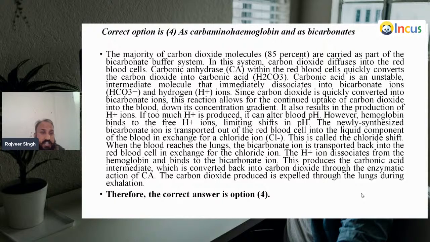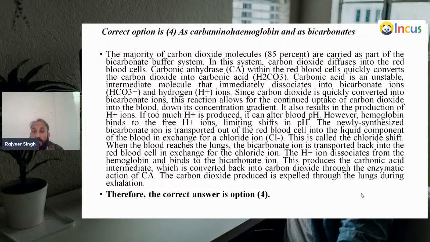The newly synthesized bicarbonate ion is transported out of the red blood cells into the liquid component of the blood in exchange for the chloride ion. This is called the chloride shift. When the blood reaches the lungs, the bicarbonate ion is transported back into the red blood cells in exchange for the chloride ion, and the H plus ion dissociates from the hemoglobin and binds to the bicarbonate ion.